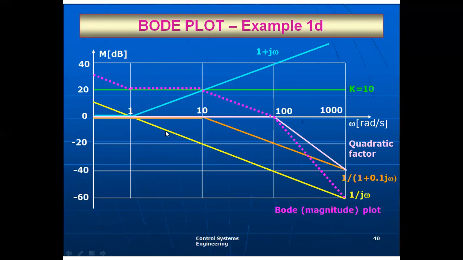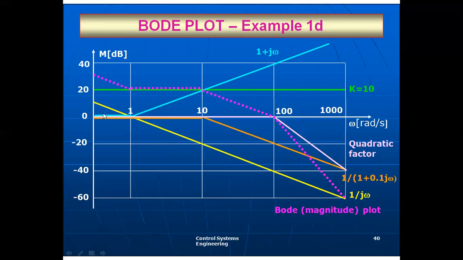And 1 by j omega will contribute minus 20 decibel per decade. And 1 divided by 1 plus 0.1 j omega contributes minus 20 decibel per decade. And here this white line is a quadratic factor, which contributes minus 40 decibel per decade.